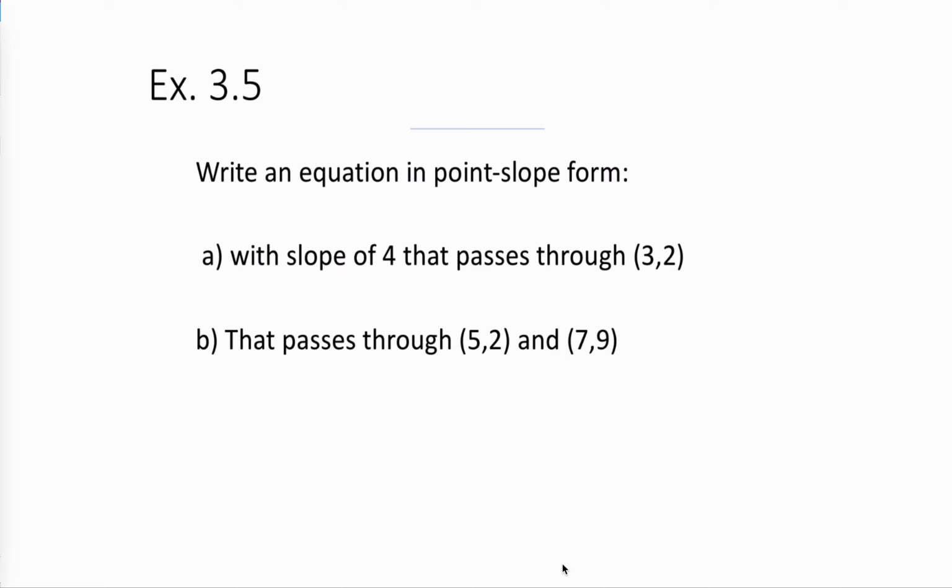So write an equation in point-slope form of a line with a slope of 4 that passes through 3, 2. Right, so y minus y1 equals m times x minus x1. So 4 is your m, 3 is your x1, and 2 is your y1.